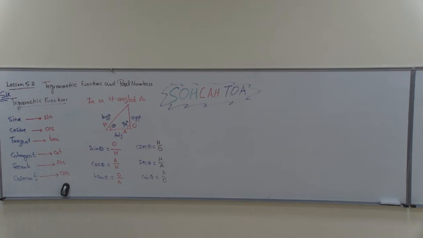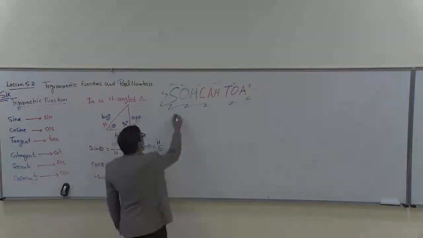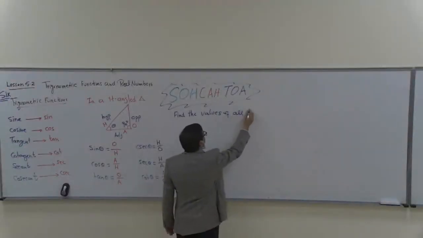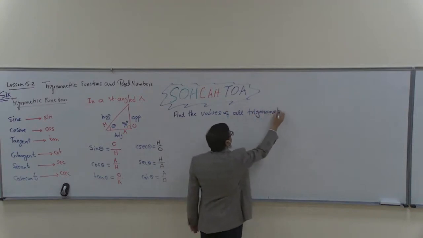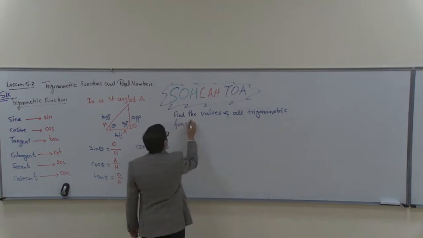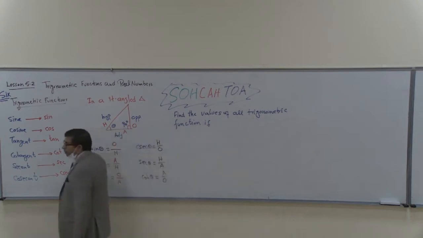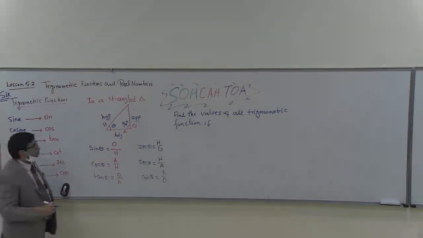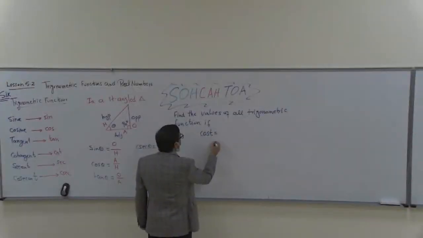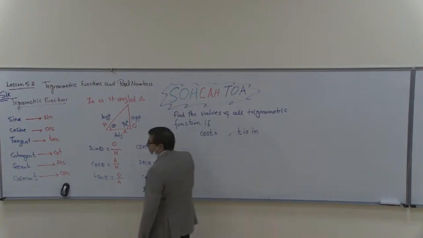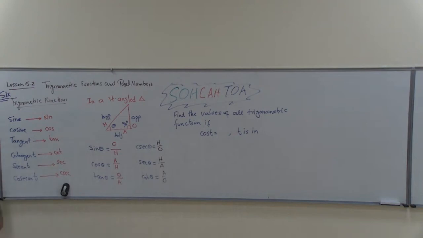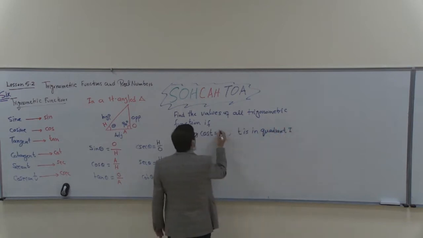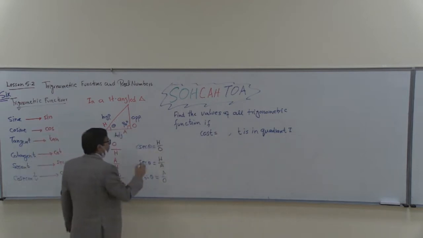Find the values of all trigonometric functions if we are given cosine t equals 3 over 5 and t is in quadrant number 1.